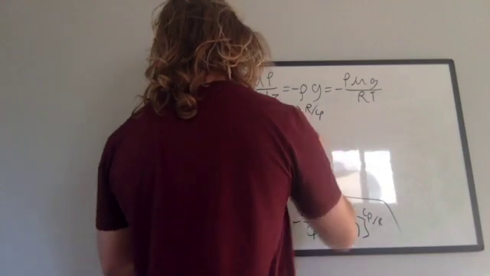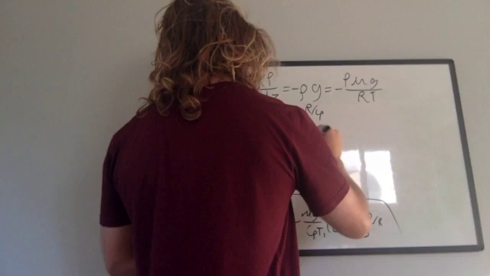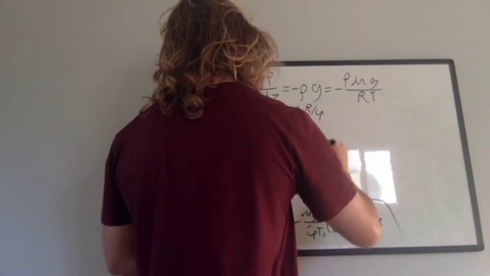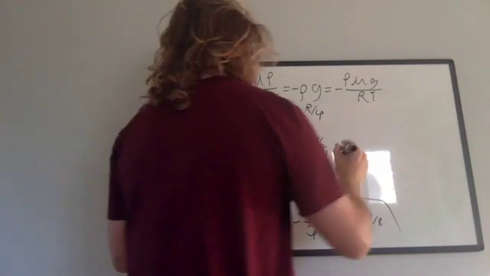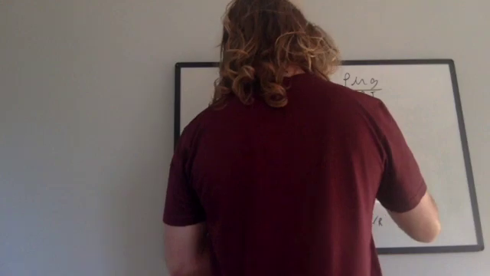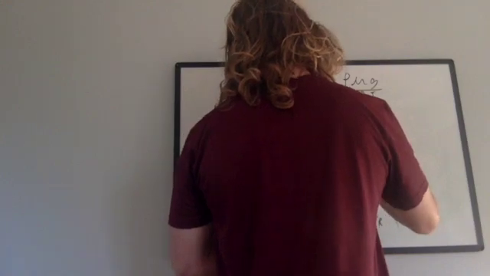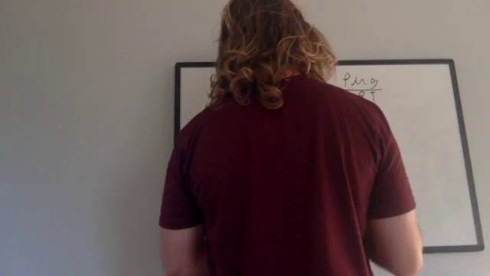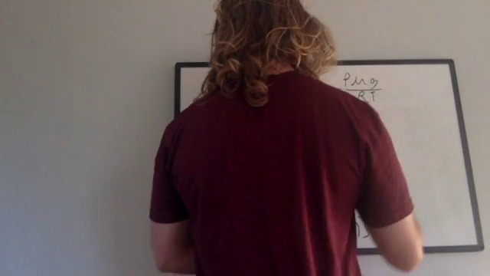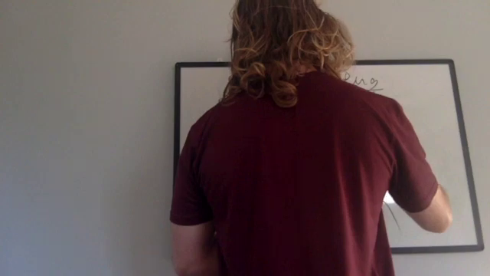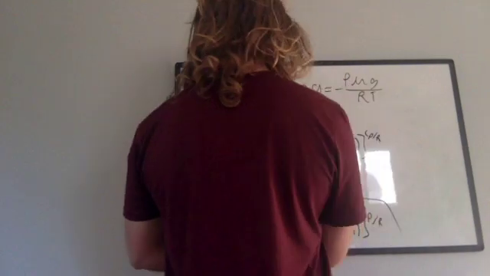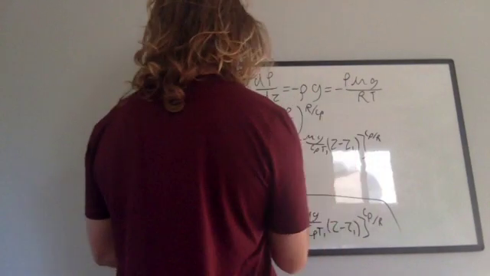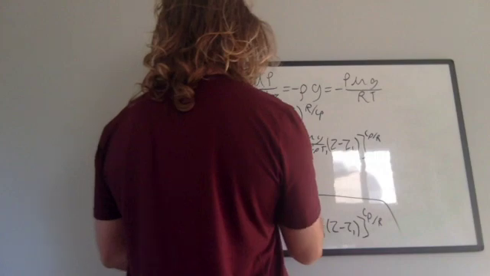So this is going to be P1, 1 minus mu G, Cp T1, z minus z1, to the Cp over R, all over P1.